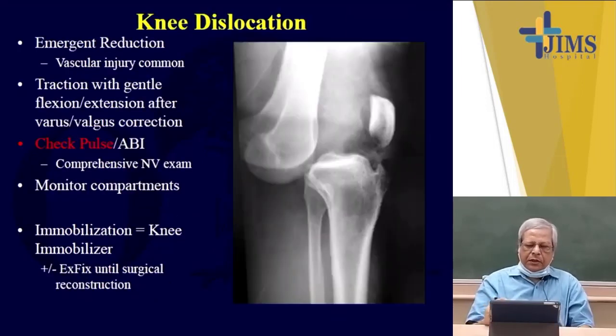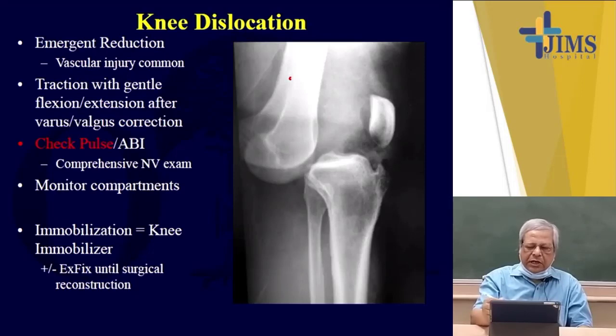This is a dangerous type of injury, knee dislocation, because as you see, this one goes in front. Here lies the popliteal artery. The femoral artery goes back and becomes the popliteal artery.